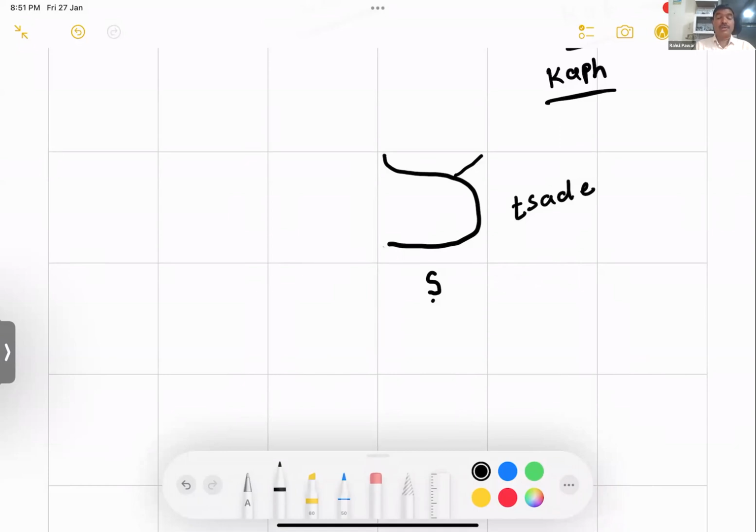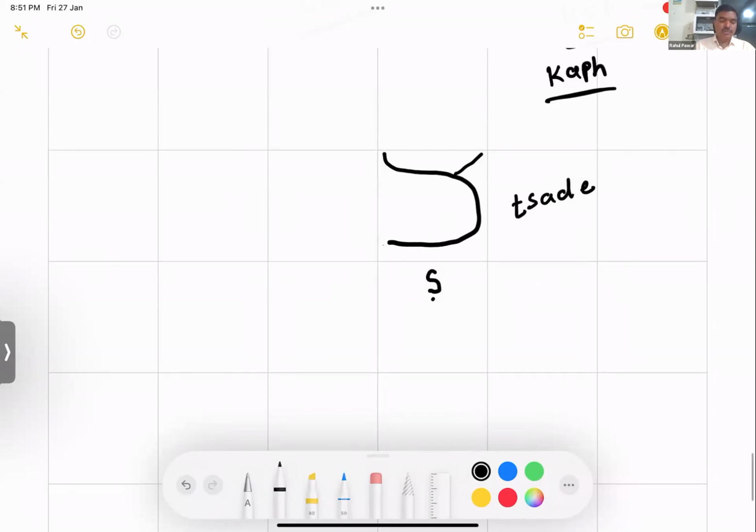Okay, sorry. It is a Tsade actually, and although it gives an S sound, the actual sound is very difficult to pronounce. It is TS, as in sits. This TS sound it gives.